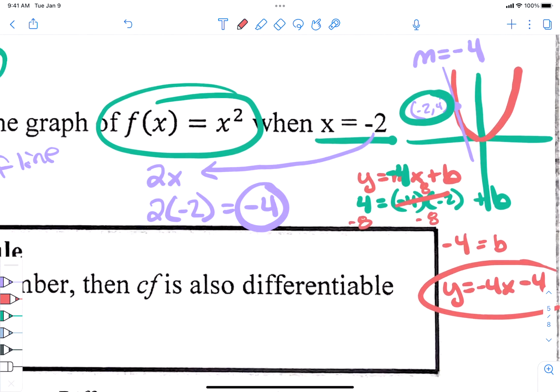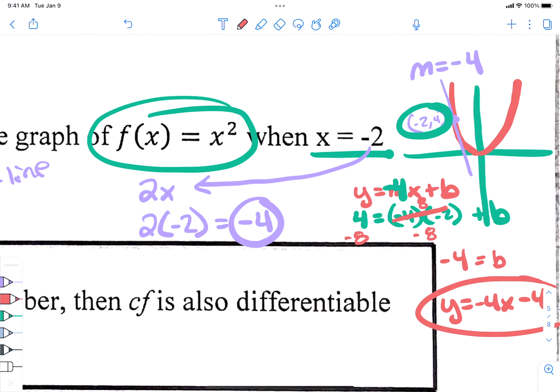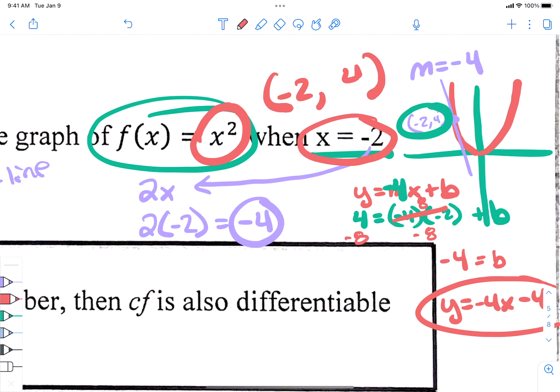Where did we get -2 from? Okay, so they gave me, Maddie, the x coordinate of -2. And we said in our graph, if this is x squared, -2 as an x coordinate will have a y coordinate of +4. Does that make sense? Because we plug it into the original function.